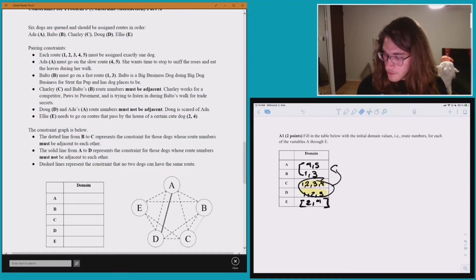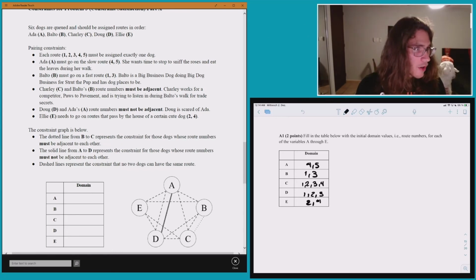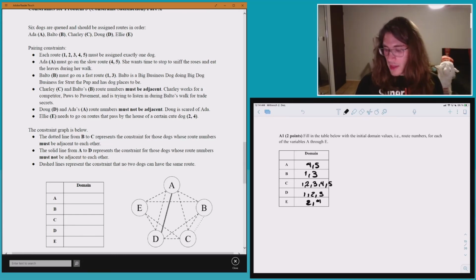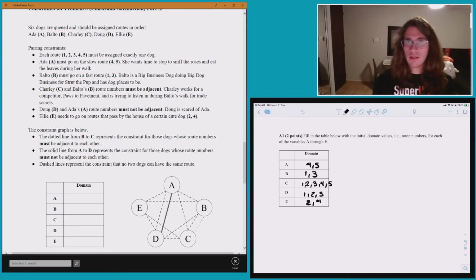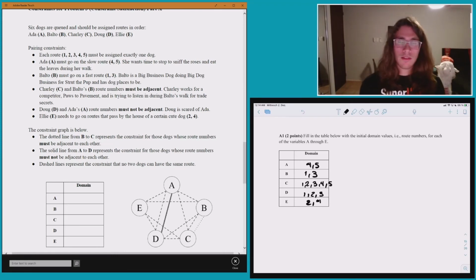So 4 and 5, 1 and 3, 2 and 4 are correct. As I mentioned, they're part of the problem. But Charlie, theoretically, could go on any path, 1, 2, 3, it just can't be adjacent to B. So that's a constraint that I can't apply because it depends on the assignment of the value of another variable.